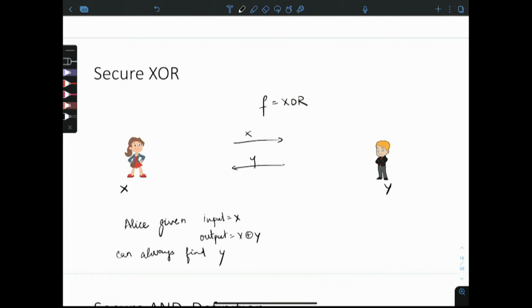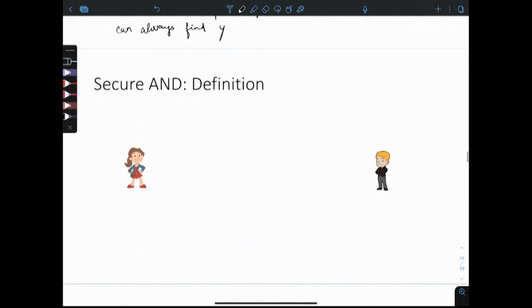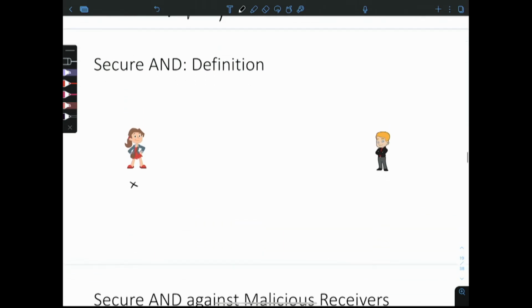Now, this is not going to be the case for the next functionality that we look at, which is secure AND. Suppose Alice has input X, Bob has input Y. These are bits, and they'd like to learn the AND of the two bits, X and Y. In this case, the output does not necessarily reveal the other party's input in its entirety.